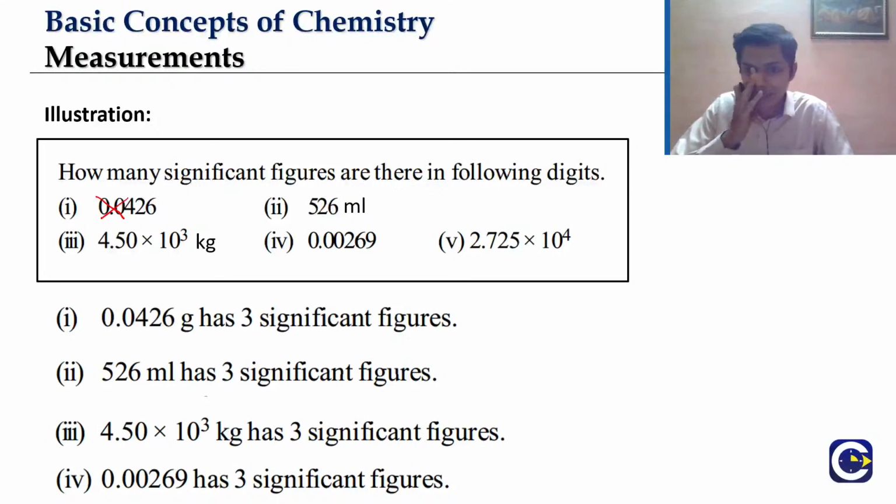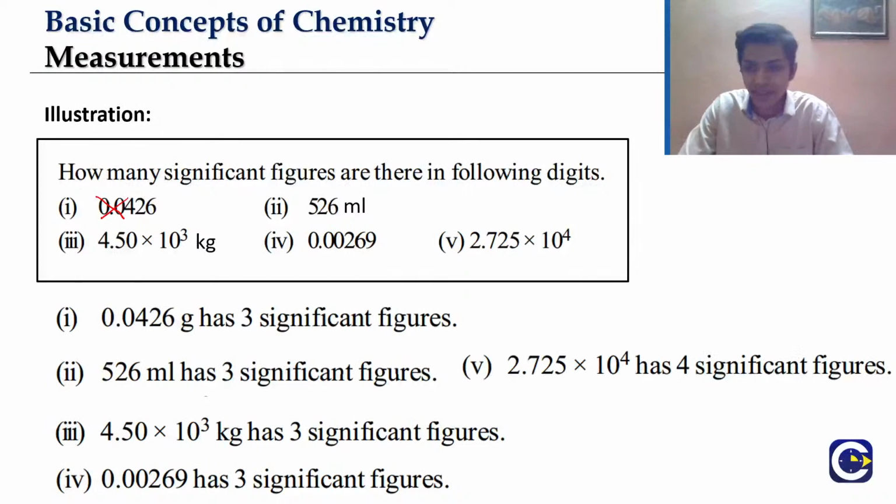Yes, all of you are answering very nicely. Very good, Sarayu and Ridhishri. I think Jagdish can also reply. 2.725 has 4 significant figures.